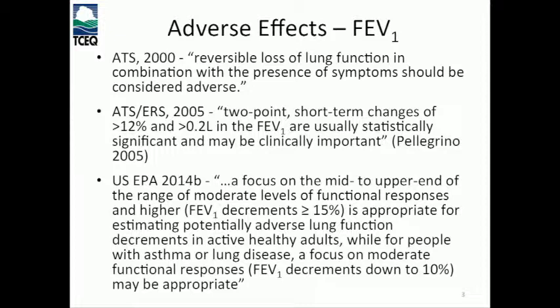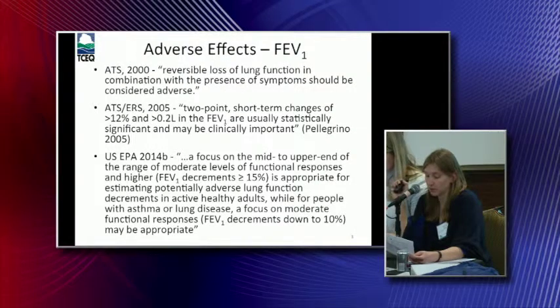As Dr. Utell mentioned, there is the ATS, reversible loss of lung function combined with symptoms. There is another ATS, European Respiratory Society definition, which is a 2-point short-term change, which would be the type of change you would see in these types of clinical experiments, of greater than 12% or greater than 0.2 liters, may be clinically important.